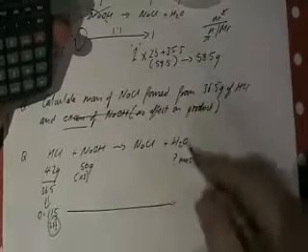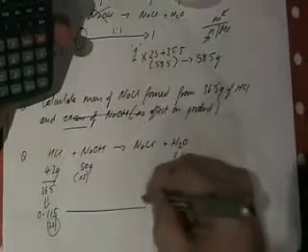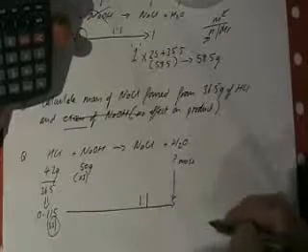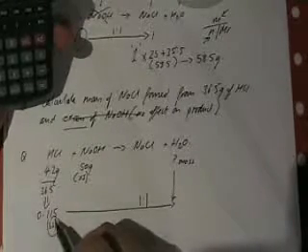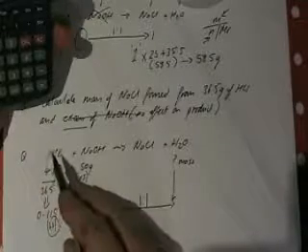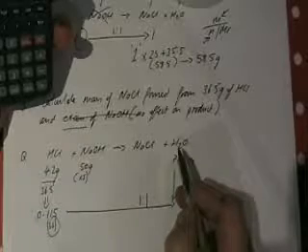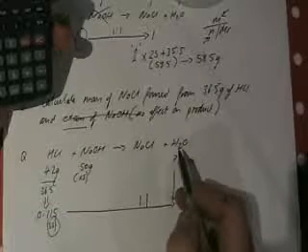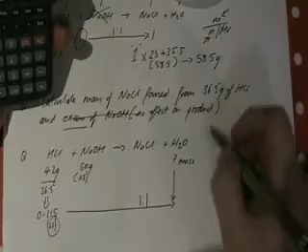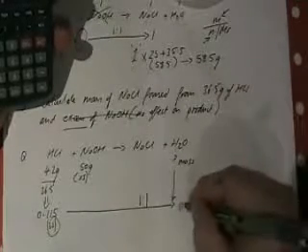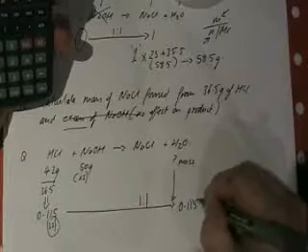Well, we are looking after our water. Remember, our ratio again is 1 to 1. Okay, so if I have 0.115 moles of hydrochloric acid, I will make 0.115 moles of water.